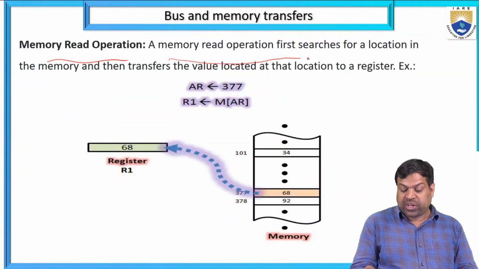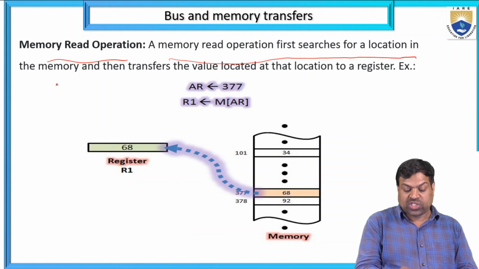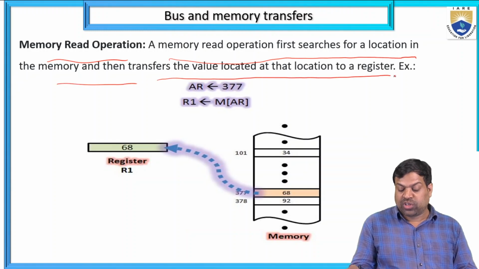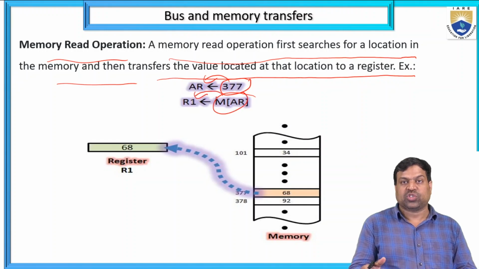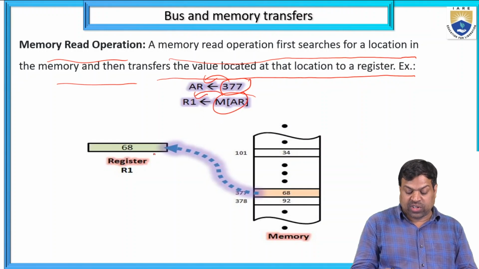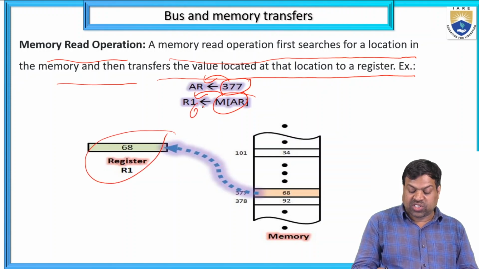In this memory read operation, it first searches for a location in the memory, then transfers the value located at the location to a register. So 377, the value is copied to the particular address, and this address belongs to one particular register, R1. So what is the R1 value here? 68.